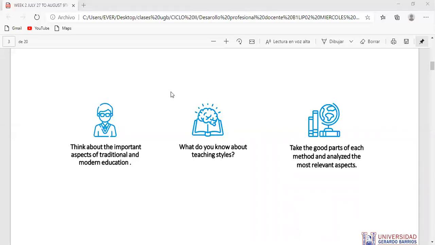I think when we think about traditional, is that kind of teaching that there is like just the teacher is the important or the active person that is in the class. Is the only one that is giving the learning process or teaching and guiding to the student.